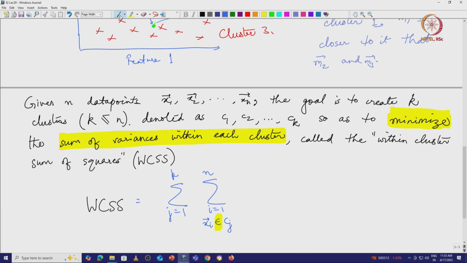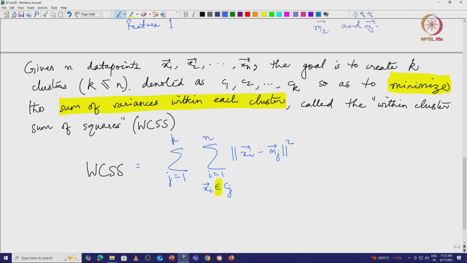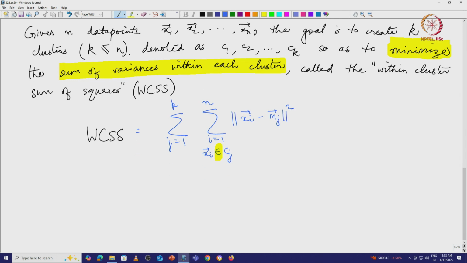So, x belongs to the set of points in cluster Cj, and you take the distance squared or norm squared between xi and mj. Okay. So, as you know, the sum of squares is basically the number of points minus 1 times the variance, right. So, it is some estimate of the variance. It has not been normalized, but it nevertheless is a measure of the variance.